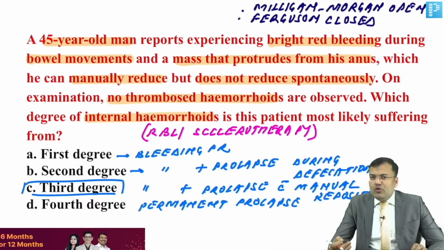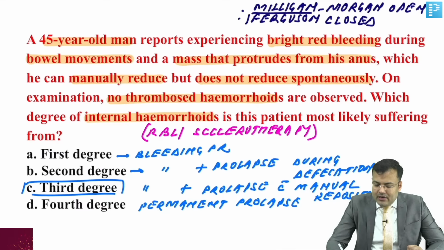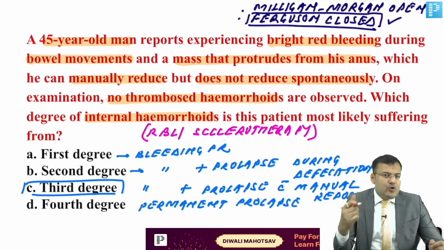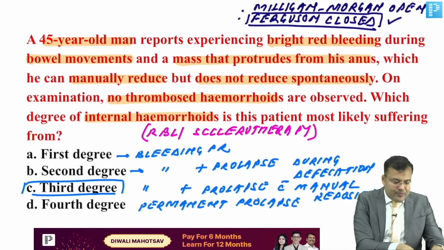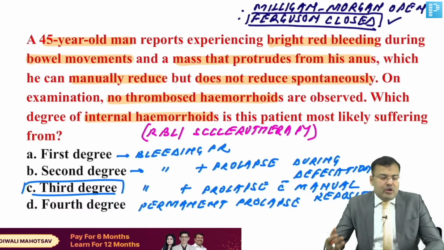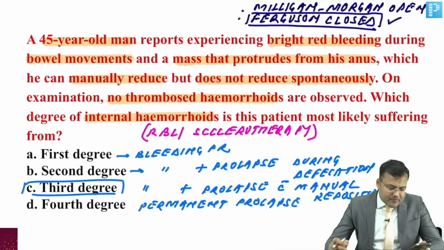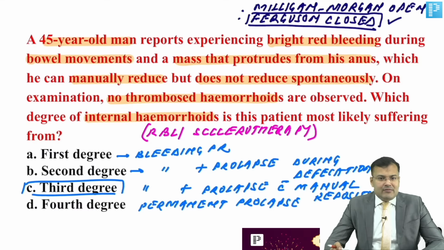Previously, we were doing Longo stapler hemorrhoidectomy, but nowadays Ferguson closed hemorrhoidectomy is preferred. Why? Because simultaneously you can treat external hemorrhoid also. So you can treat both internal as well as external hemorrhoid.